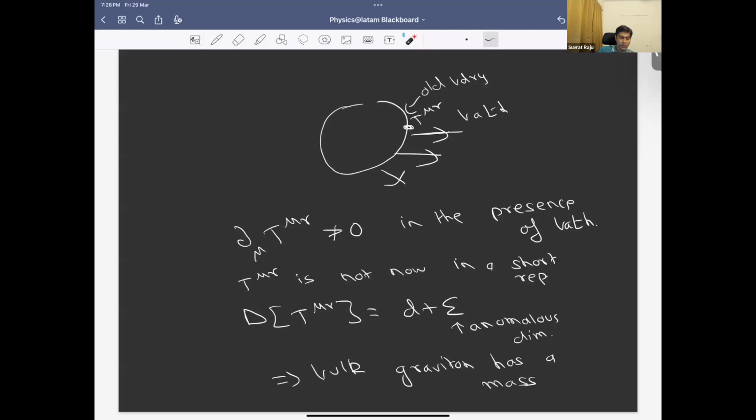And then the way you generate representations of the conformal group is you start with some lowest weight state, and then you act on it with other elements. In this case, what you usually do is you take the lowest weight state to be annihilated by the special conformal generators, and then you act on it with the momentum generators. The momentum generators are these d mu's. That's how you generate representations of any group, actually. You start with some lowest weight state and you act on it with other generators of the group. So d mu is one of the generators of the conformal group, the P mu's.